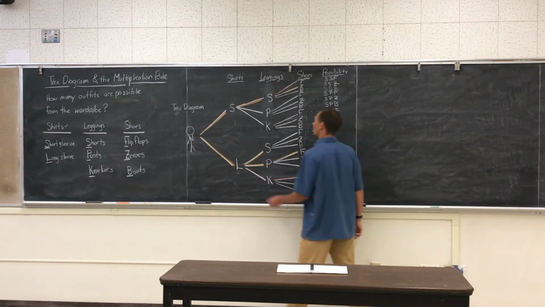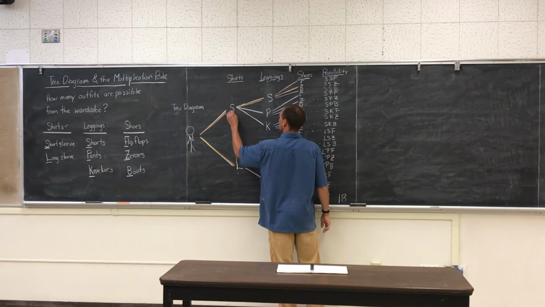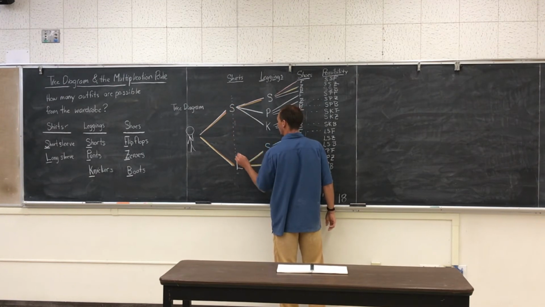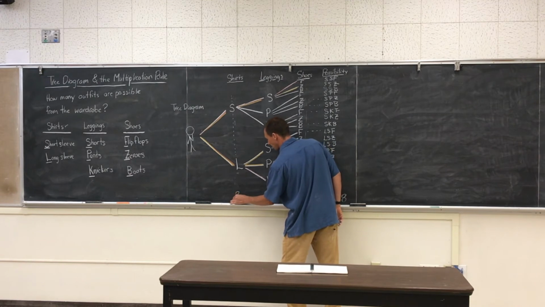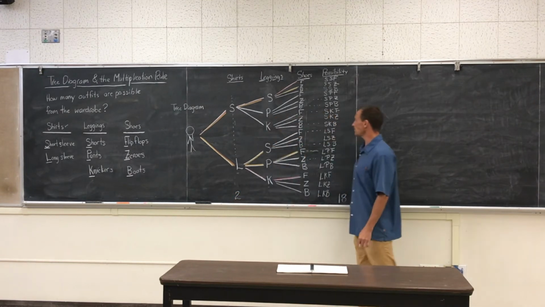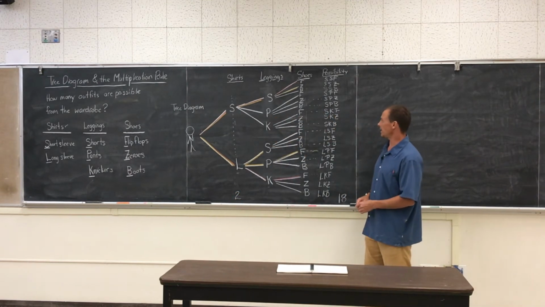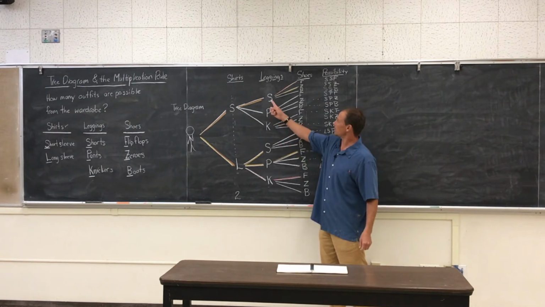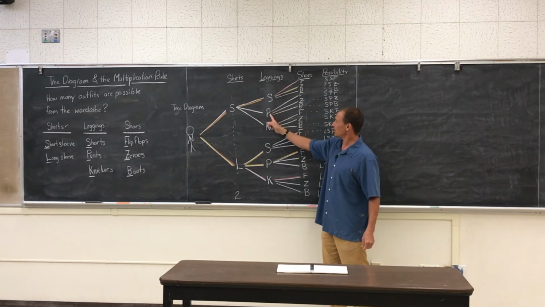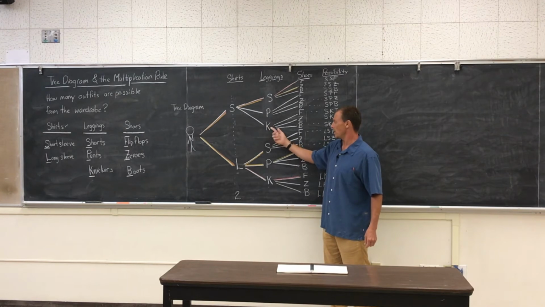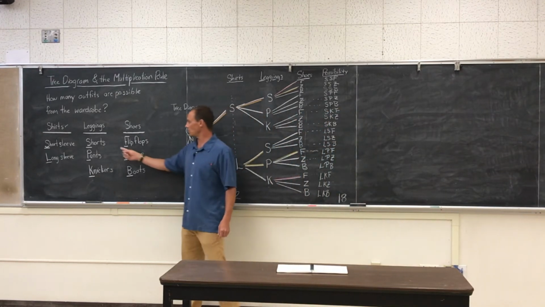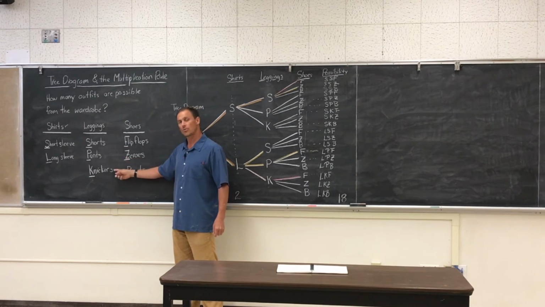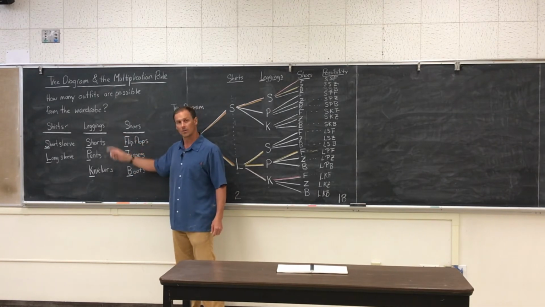Let's take a look. When I look at my shirts that I was going to wear for the day, notice there were 2 different shirts. When I looked at my leggings, notice that I could wear either shorts, pants, or knickers. But if we go all the way back, there were just 1, 2, 3 things in the category for leggings.